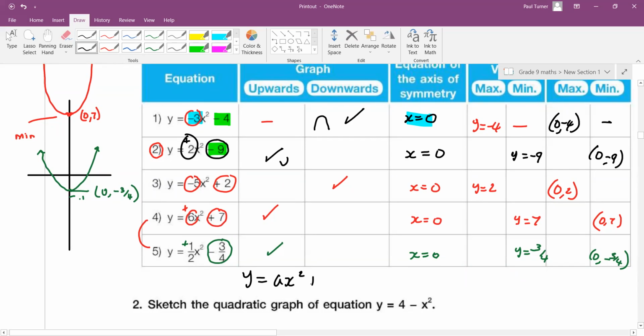So let's call that c. Okay, so c is your y-intercept in these questions. Actually, in every question, that c is the y-intercept. So that's where your graph touches the y-axis, which is here. And in this case, that's the vertex in every case, all right?